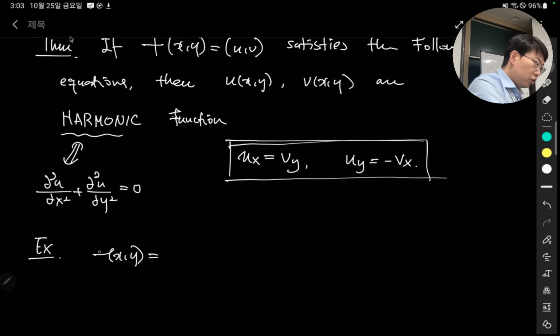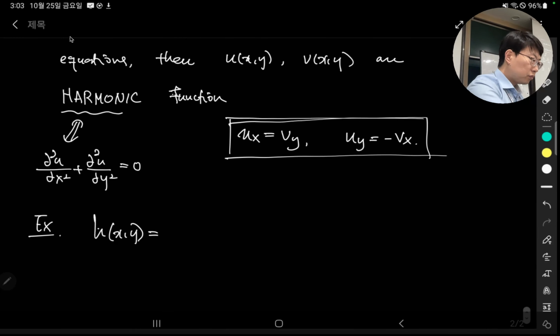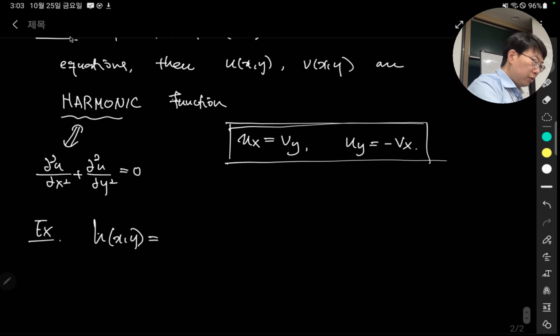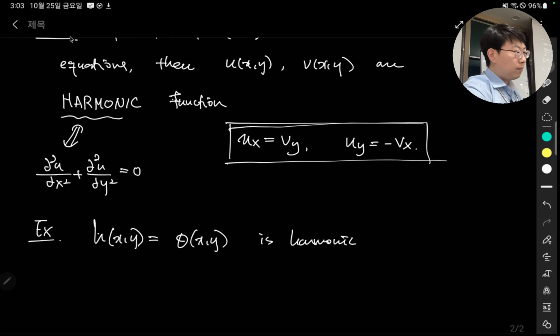Let's say h(x, y) equals theta(x, y). This is harmonic, which means that if you plug it into the partial differential equation like this one, it is satisfied.